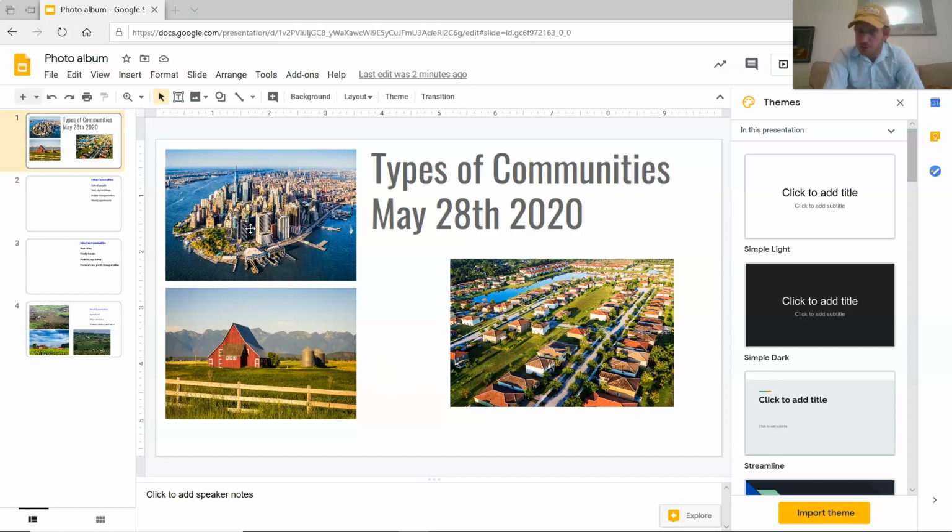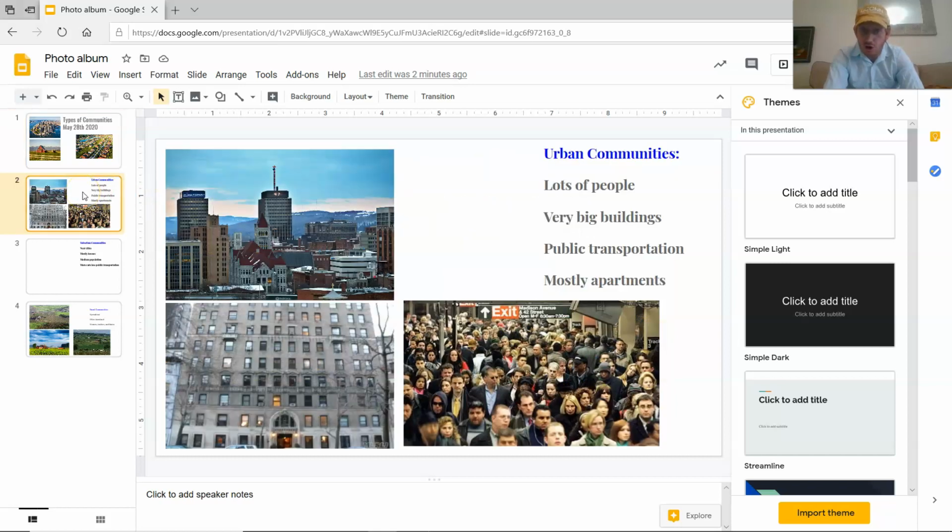The first type of community that we're going to go over is called an urban community. Urban. You try saying it. Urban. Good. An urban community. Urban communities have lots of people. They have very big buildings. As you can see over here, we have big buildings.